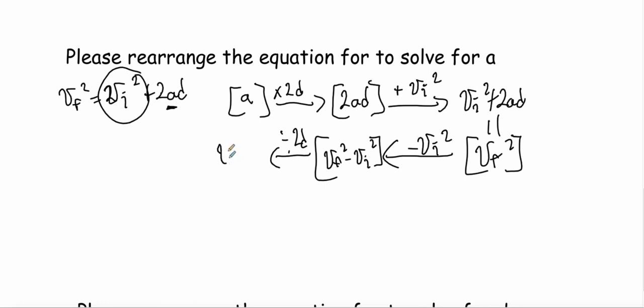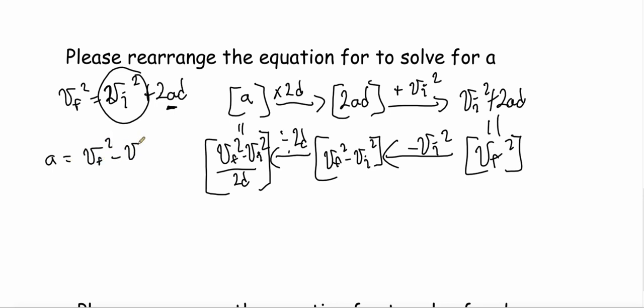So I get, and there we go. So we know my A, my acceleration, is equal to my final velocity squared minus my initial velocity squared divided by 2D.